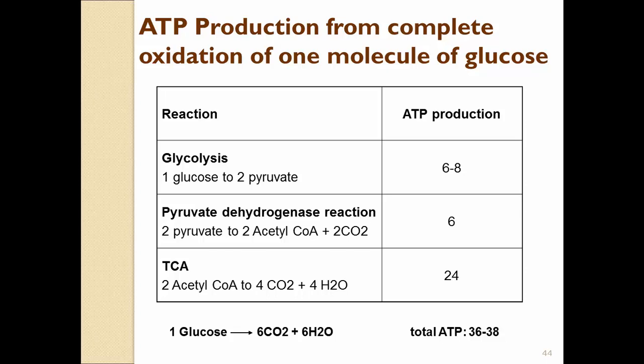So one TCA cycle is 12, and we have 2 acetyl-CoA entering the TCA cycle, so times 2, 24. So the total, if one glucose molecule is completely oxidized to CO2 and water, will generate 36 to 38 ATPs, right?